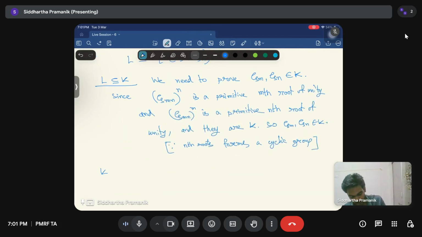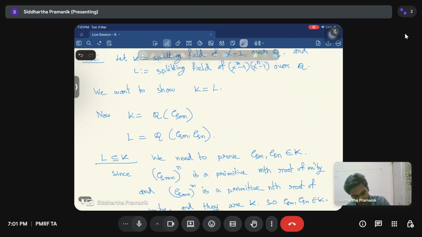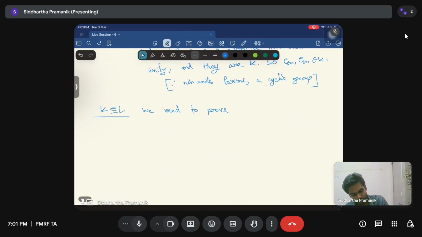Now what about the other one, K subset of L? So what we need to prove? We need to prove this containment, K is a subset of L. If we can show that zeta mn is in this one, then we are done. So we need to show zeta mn belongs to L. But how to prove this?